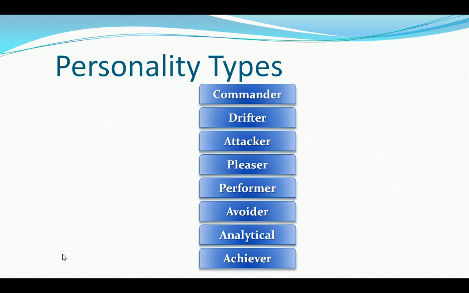If you take a sales class, they'll talk to you about different personality types, and that when you're attempting to persuade someone, if you know what personality type they are, you can craft your pitch to that personality type to make it more likely that they're going to adopt whatever it is you're trying to persuade them to do, which in this case is an IT security policy.